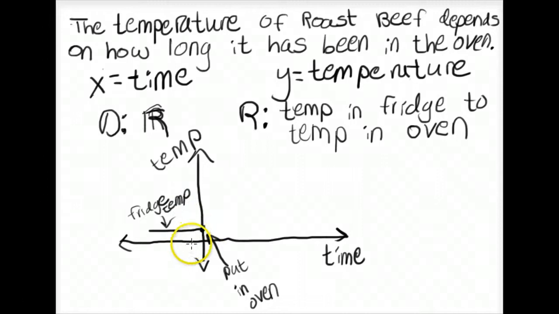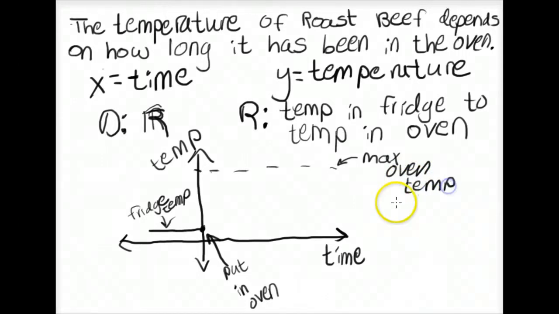And at this point, the roast beef is going to be gradually increasing until it reaches the maximum oven temperature. So we're going to say that this is the max oven temperature. Now, the actual roast beef will probably never actually reach that temperature, and it definitely won't go past that temperature.